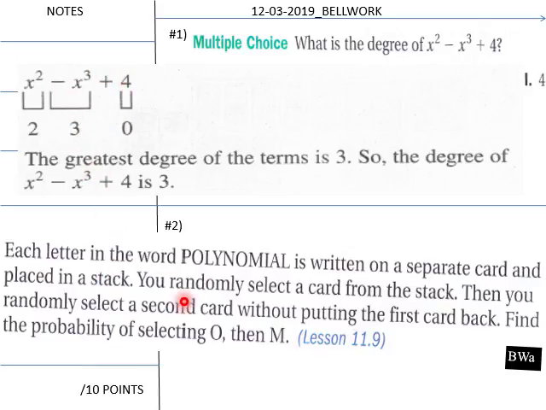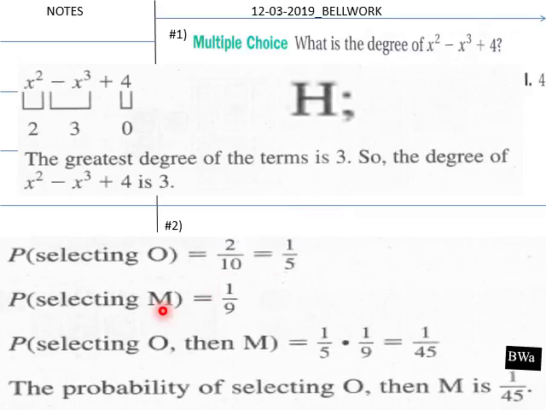And down here, we've got a problem: randomly select a card, and then without putting the first card back, find the probability of selecting O, then M. So that's H up here. Here are our probabilities. The probability of selecting O and then M would be 1 out of 45. So the probability of selecting O then M would be 1 over 45.